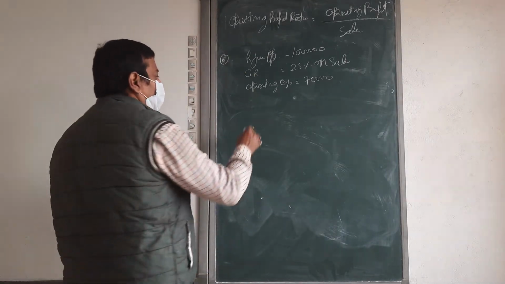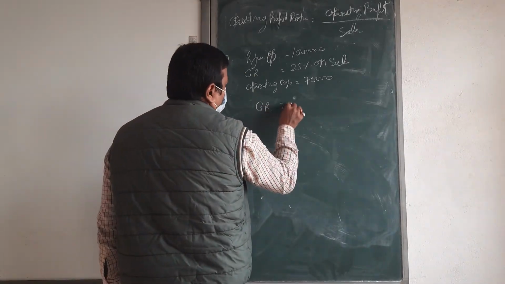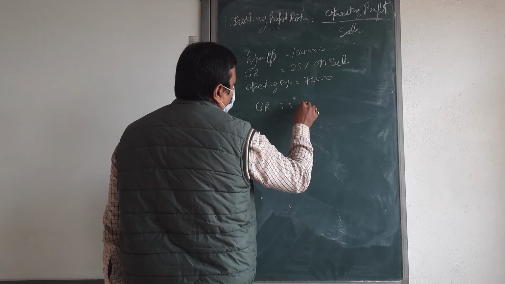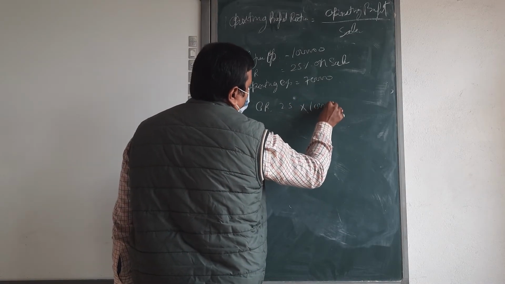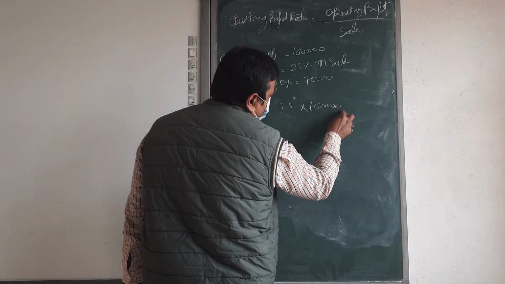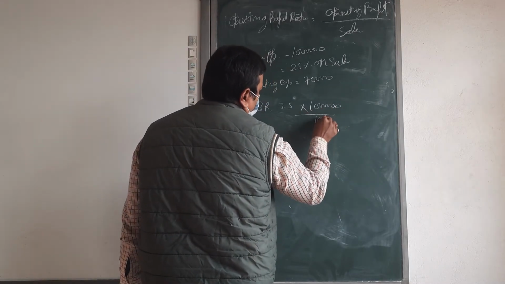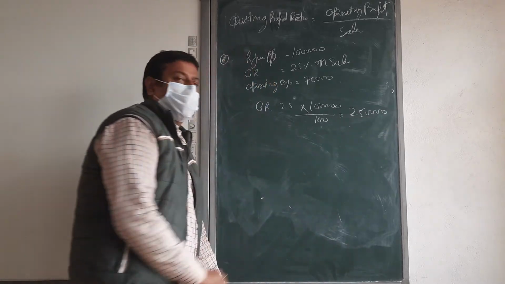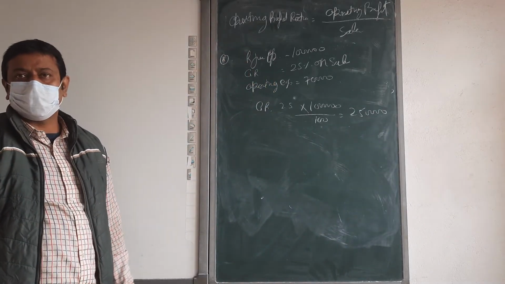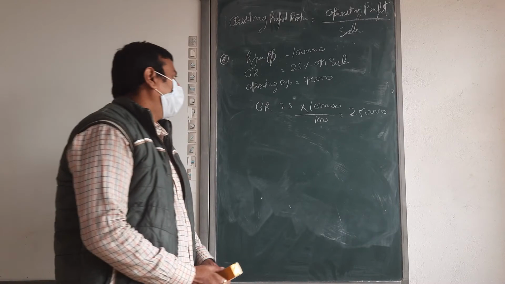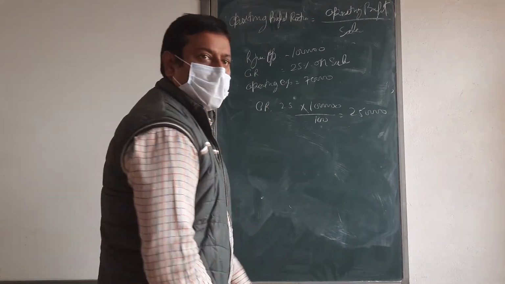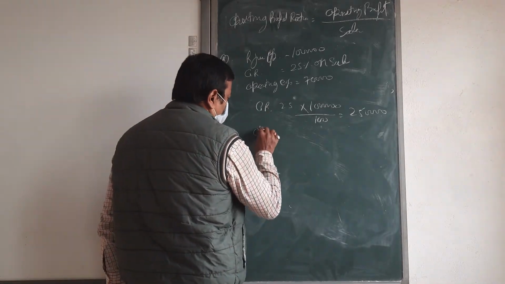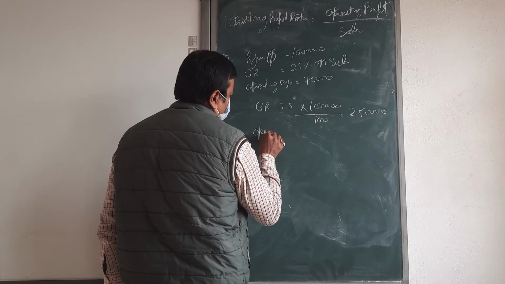GP is equal to, beta, 25% of 10 lakh. What amount is coming? 2,50,000. Okay, up to this it has come now, beta. Go for that. Operating expense we have. Then operating profit is equal to GP minus operating expense.